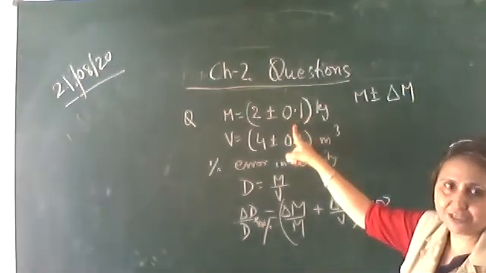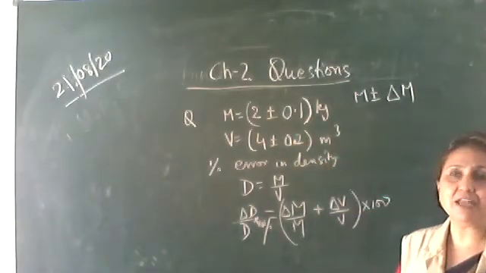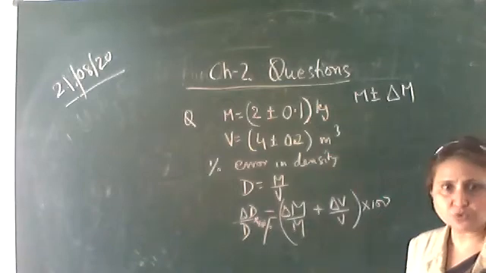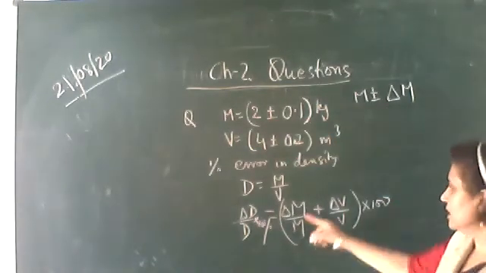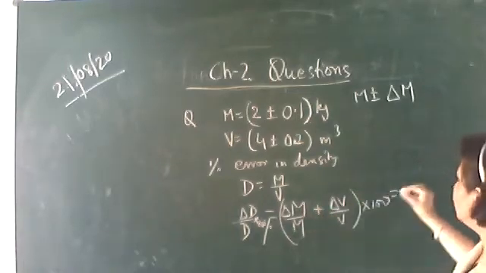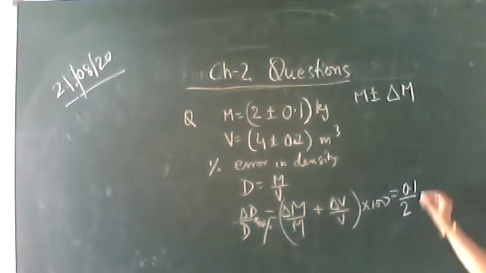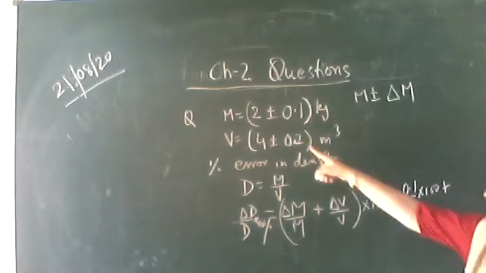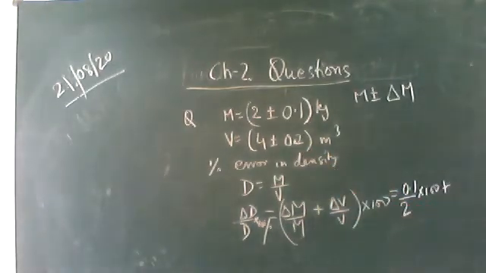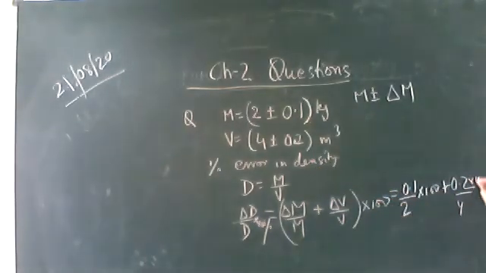It is 0.1 kg. And the mean value of the mass of the substance is 2. So from here delta m is 0.1, the mass is 2, multiplied by 100, plus delta V. Again looking at this equation, delta V is 0.2 upon the volume, 4, into 100.